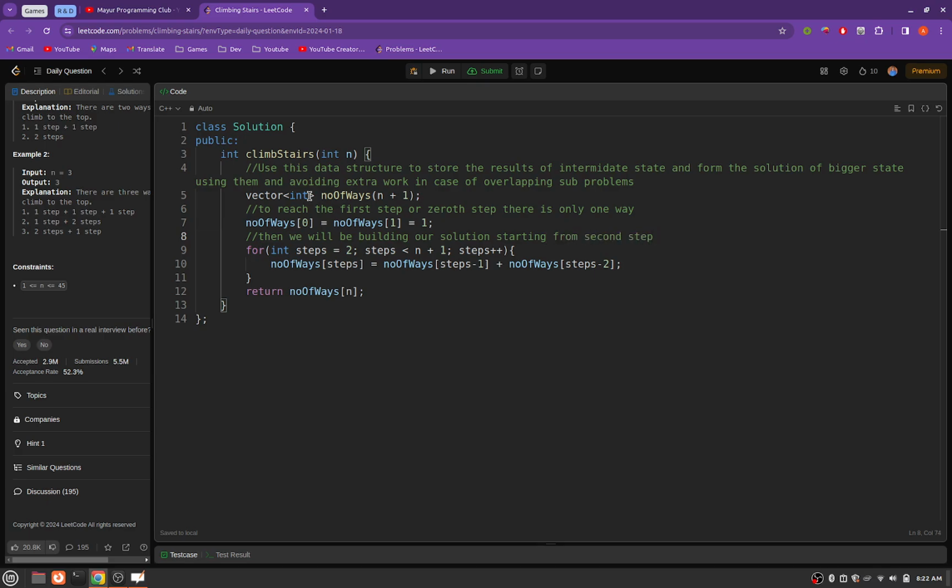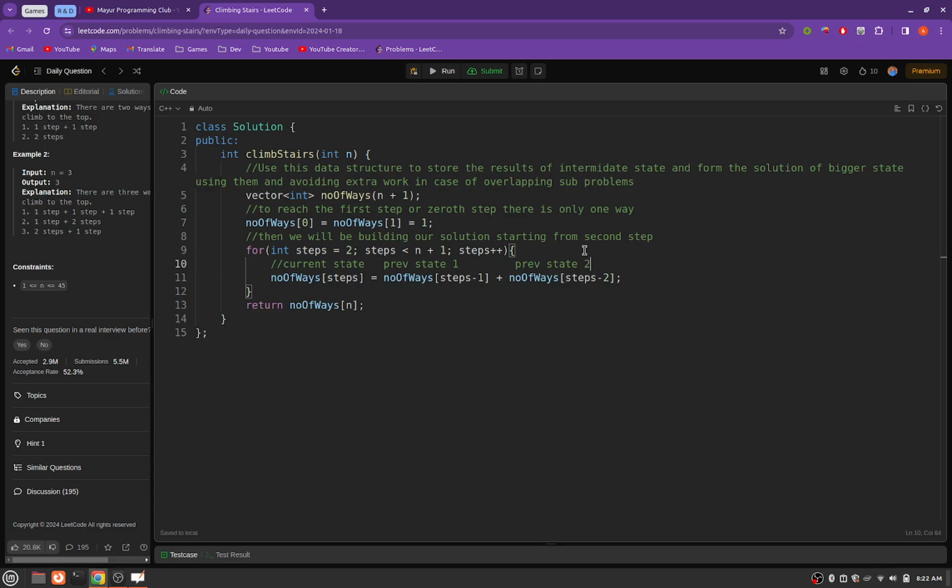So this is our current step, current state, and these are our previous states. Let's call this previous state 1, and this one previous state 2.